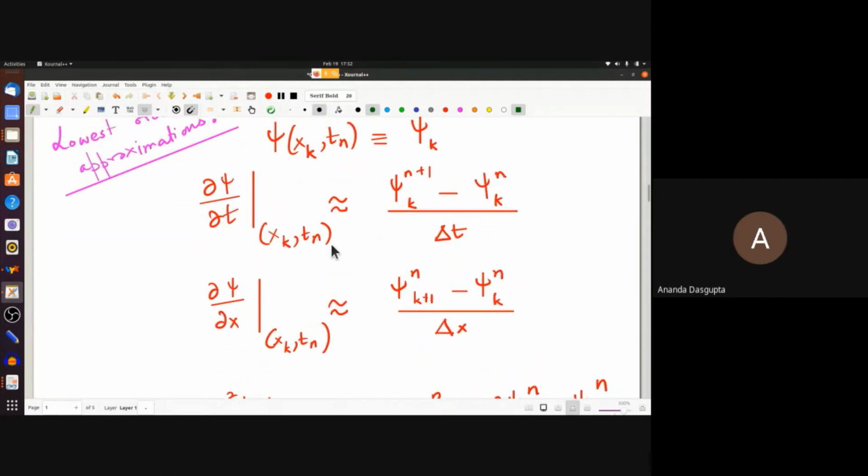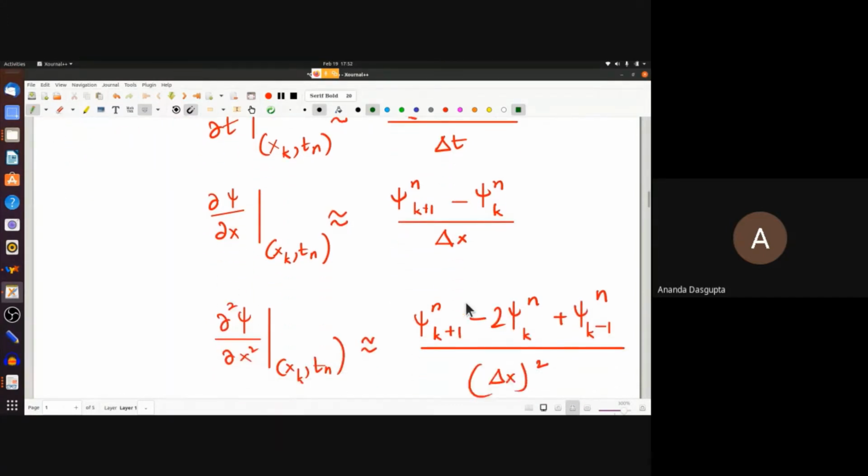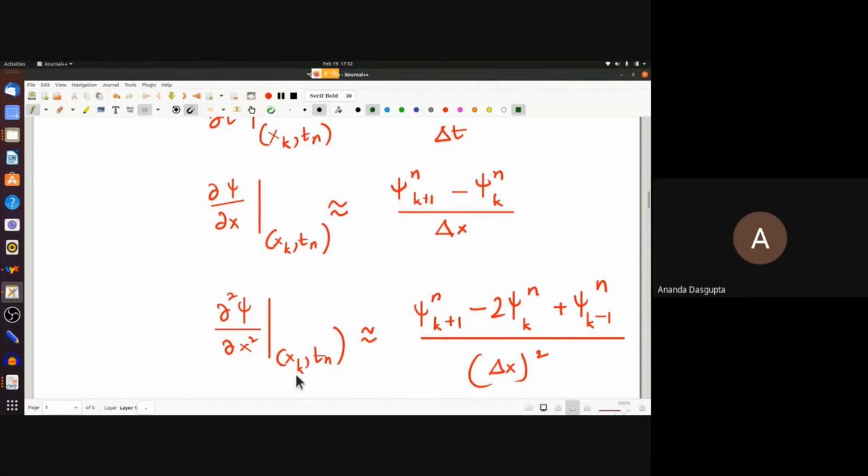So we also need del psi del x. Actually, I need del 2 psi del x2, but del psi del x is, of course, the same thing, except that n is the same, k increases by 1, and you divide by delta x. And what you really need is del 2 psi del x2 at xk, tn. This is again a standard formula for the second derivative. This is the simplest formula that you have for the numerical value of the second derivative.